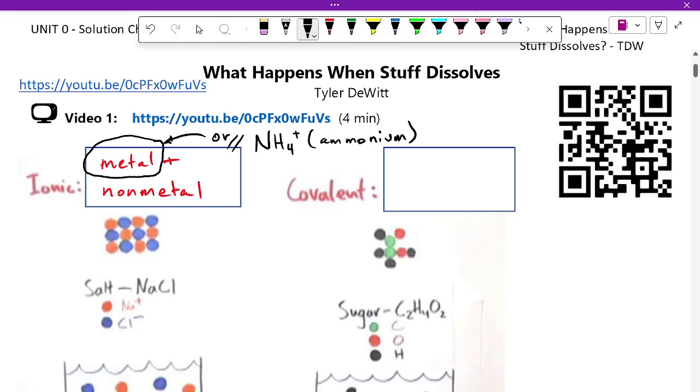And covalent is made of only what? Only nonmetals. Watch out though, because if it starts with NH4, it is ionic.